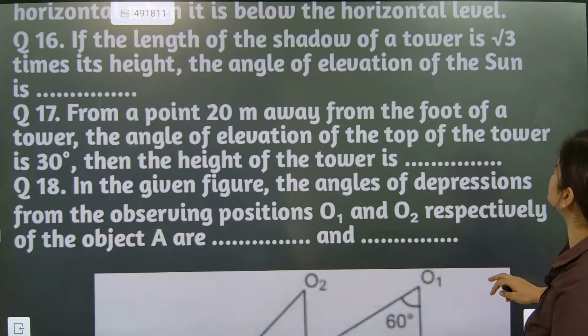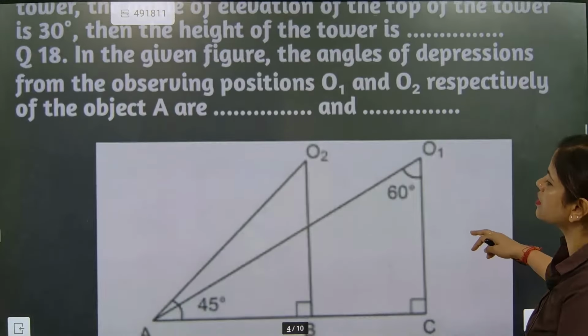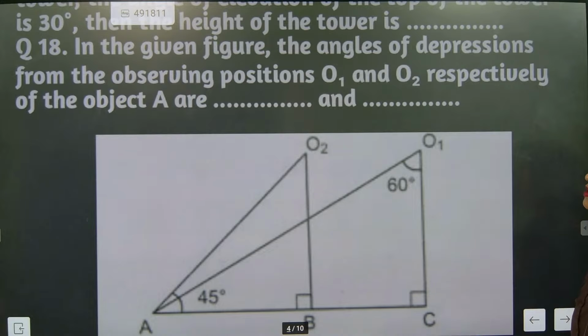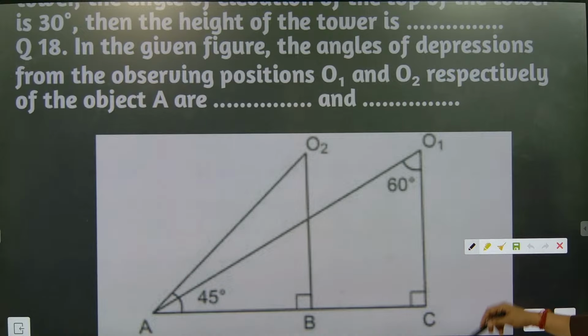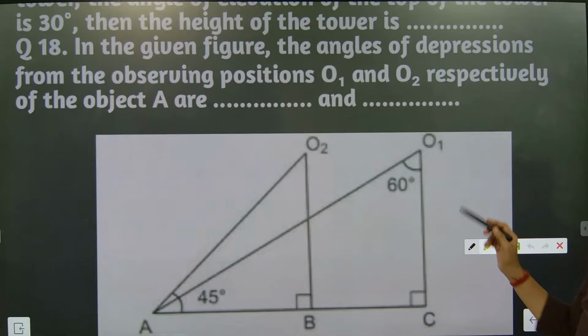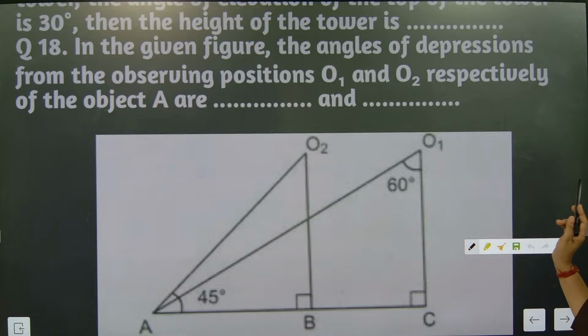Now, with the next question, shall we go for it? Solve this question. In the given figure, the angle of depression from the observation points, respectively, of the objects A and B are? What is the angle of depression?